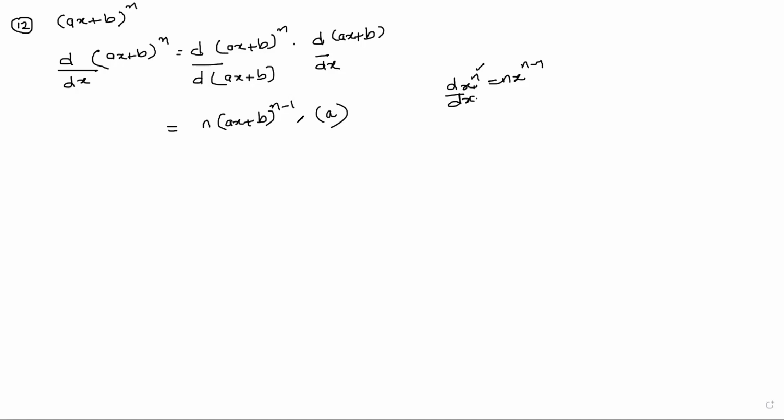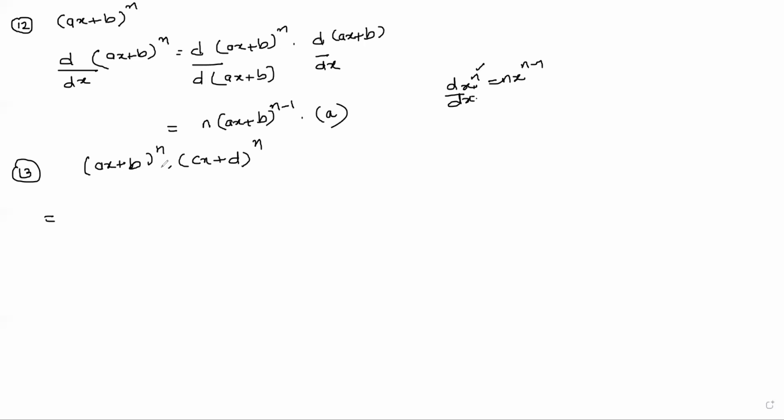Okay, sir. Question number 13 was also there. In question number 13, you have two functions, ax plus b to the power n and cx plus d to the power n. How do we differentiate this? We will apply the product rule. Sir, in the 12th why did we differentiate with respect to ax plus b?